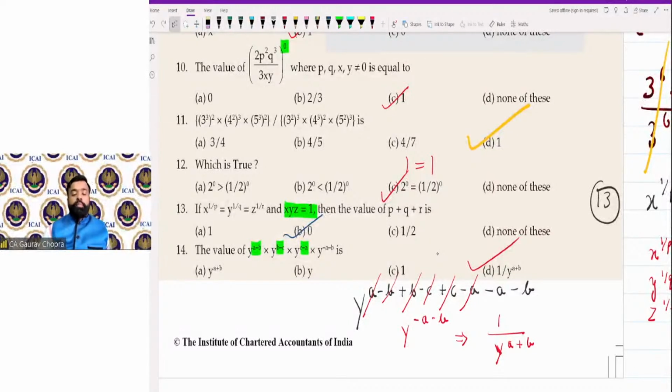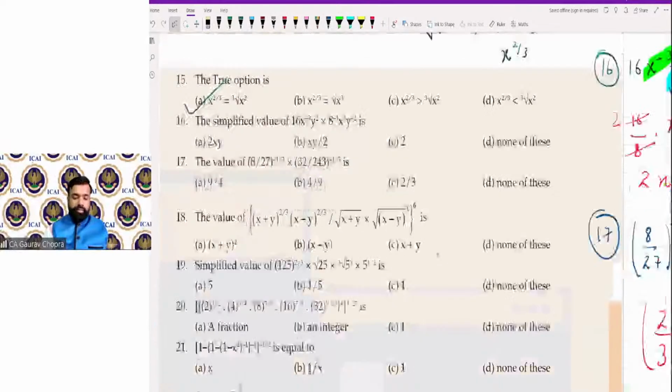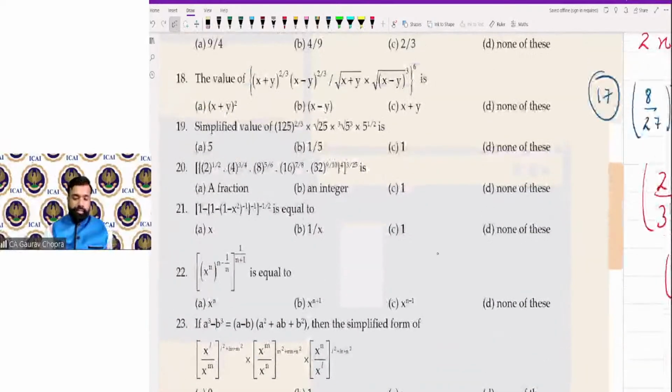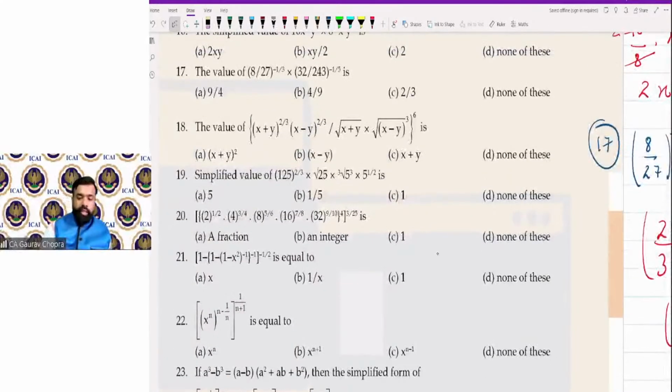So condition applies. So 2 and half are not equal. If the power is same, then only they will be equal. Otherwise, they will not be equal. So 17th we have completed.